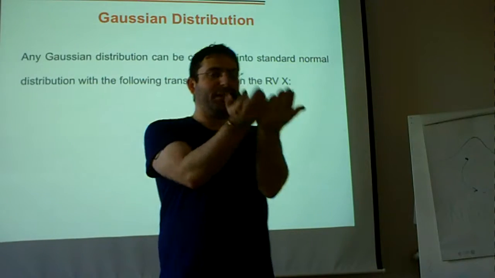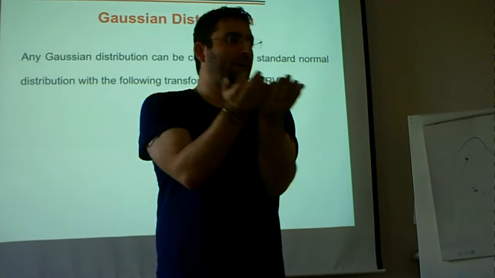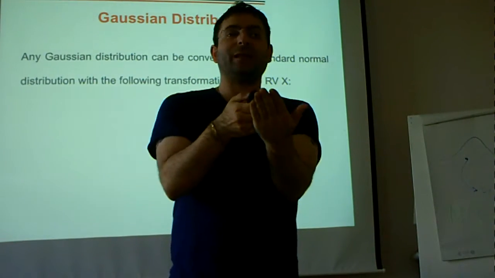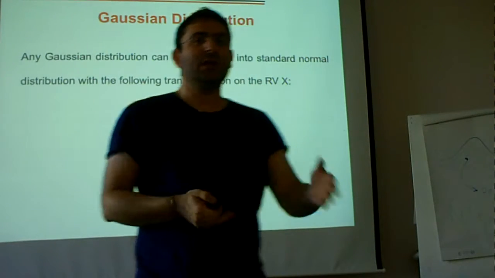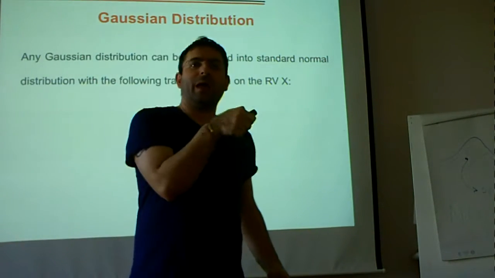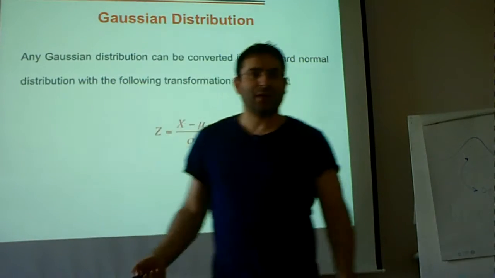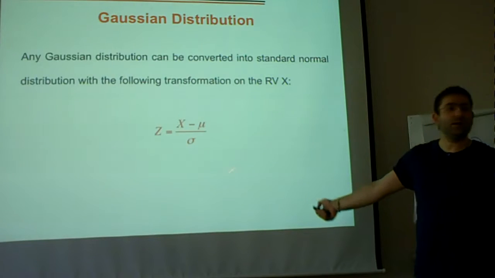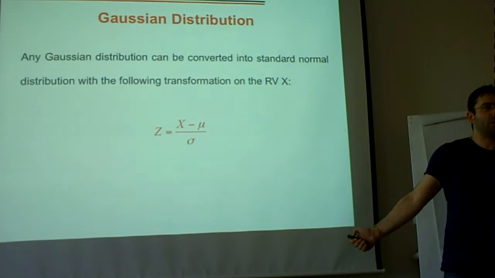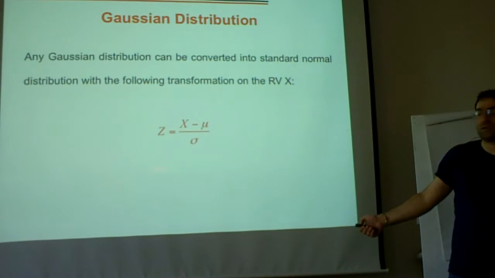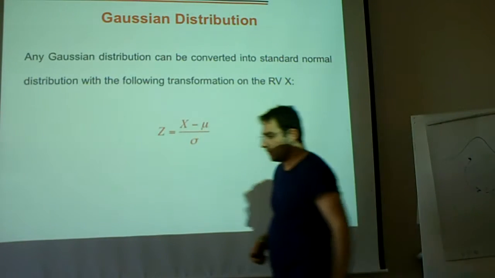Because you may open a paper or a textbook and see that they have a Gaussian distribution with a mean mu and variance of sigma squared. And while they are doing some calculation, they suddenly turn into this normalized distribution. But you have to know how this distribution came out, which now you know.